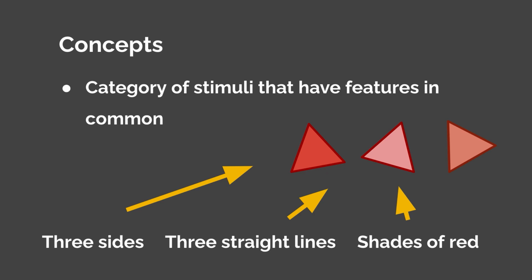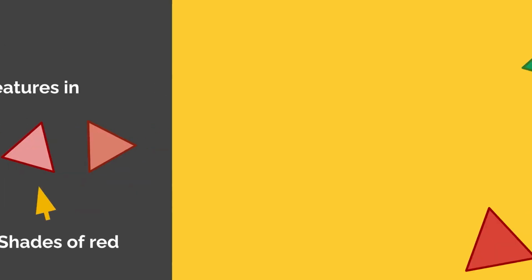For example, here we have 3 triangles, and we can see that these 3 different objects, these 3 different samples, have stuff in common. They have features in common. They both have 3 sides, which is why they're triangles, and the sides are 3 straight lines as well. And as well, all the triangles are shades of red. So that puts all 3 of these samples into a common category.